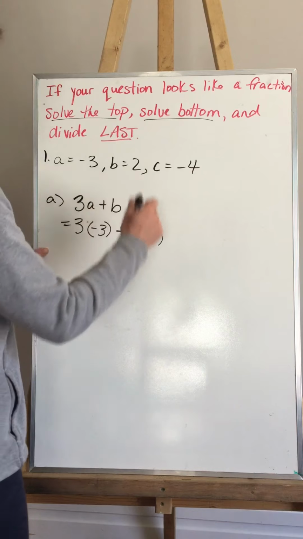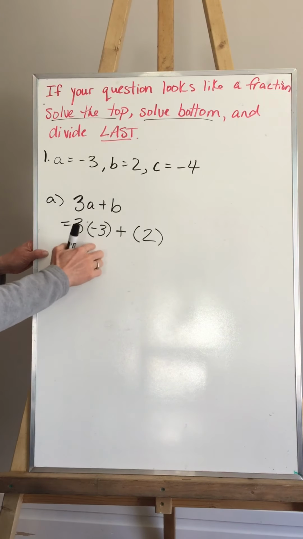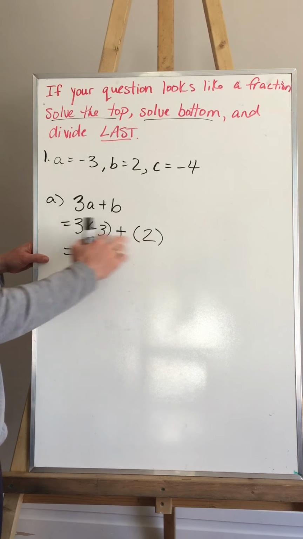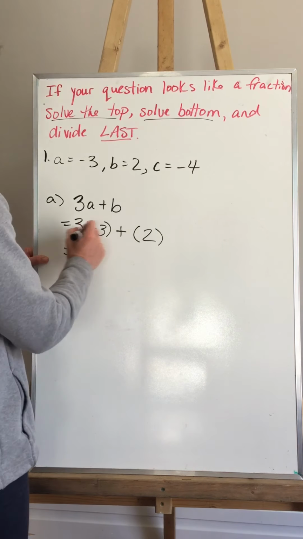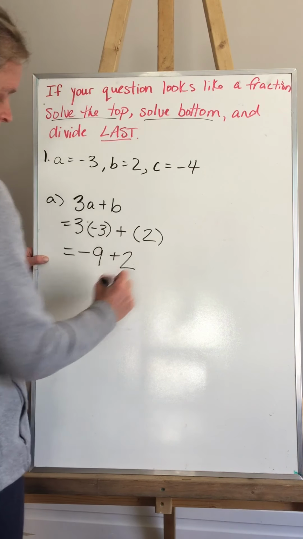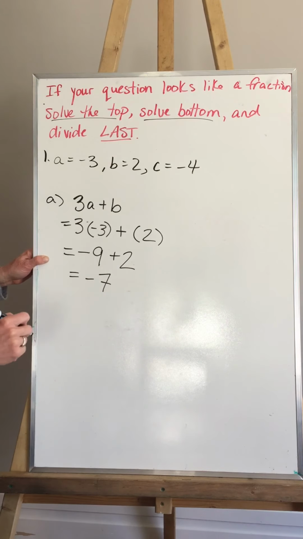And B is 2, so 2 goes there. Okay, so I know I have a couple things going on. First it's multiplication, and then it's addition. So I'll do my multiplication first. So 3 times -3 is -9 plus 2. So my answer will be -7.